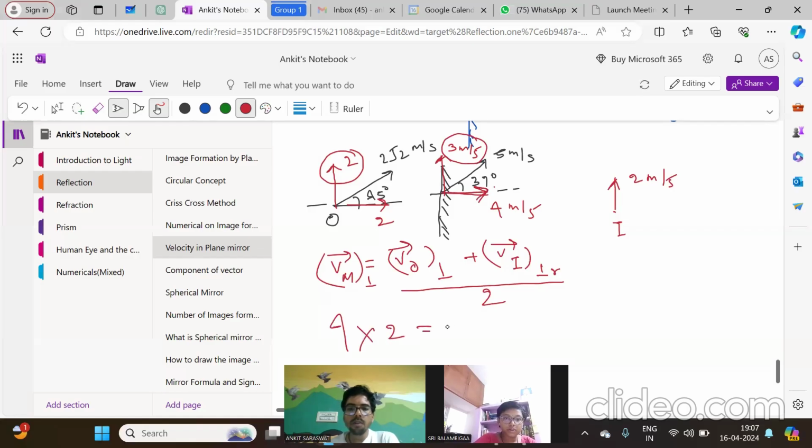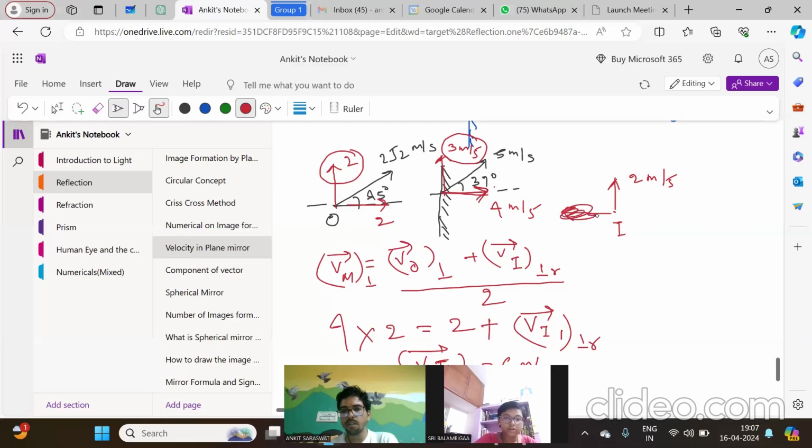Now velocity of object perpendicular to the mirror surface. It's 2 meter per second. Very good. Plus I want to know how much this. So answer will be 6 meter per second, sir. Yes, it is 6 meter per second.